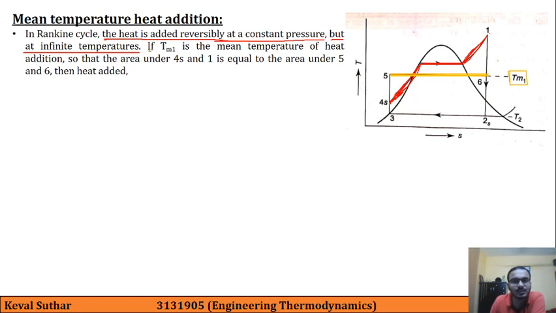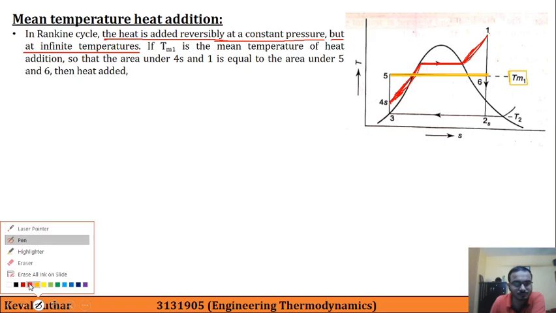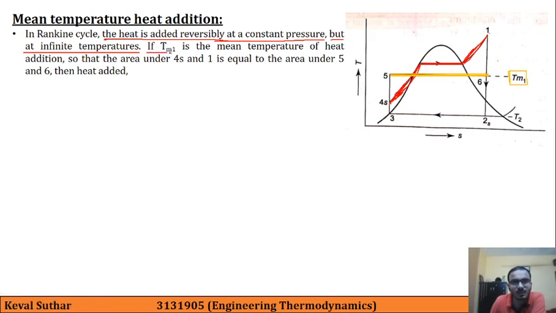If Tm1 is mean temperature of heat addition, so that the area under 4s and 1, that is for this red curve, is equal to the area under 5 to 6.